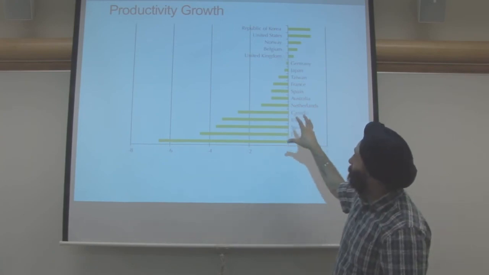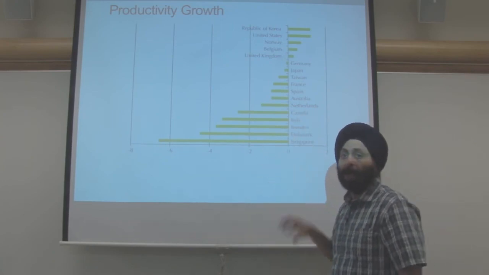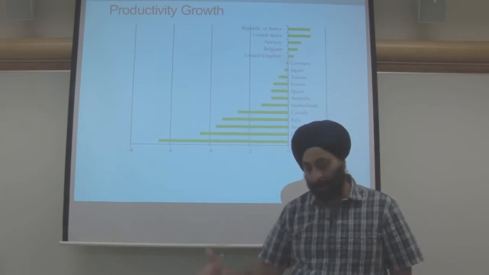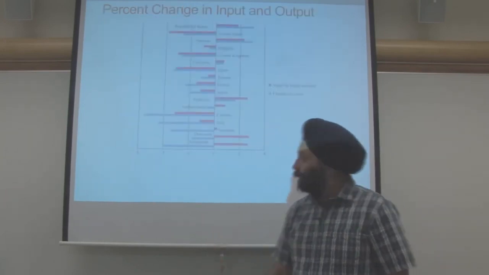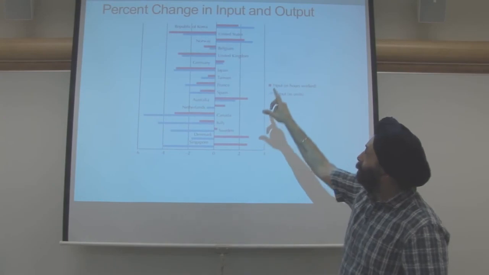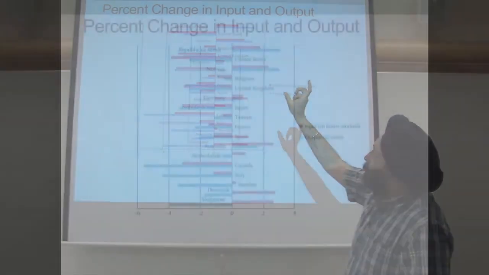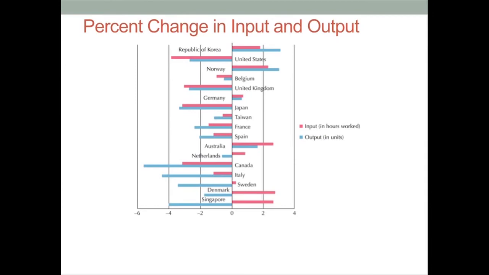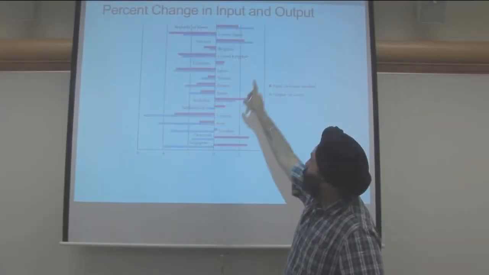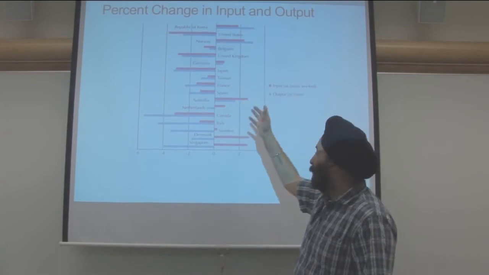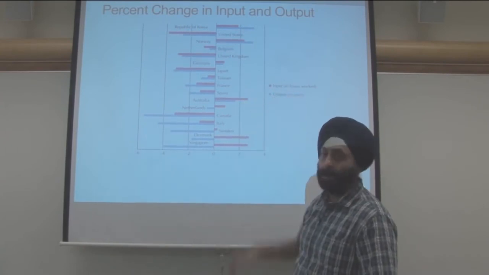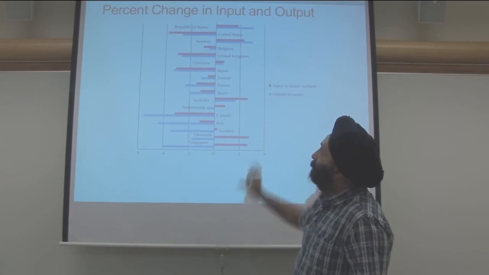But this number by itself doesn't tell the whole story, because one has to investigate further. If you look at the second part, you'll notice that Korea used a lot less input. Their inputs increased by almost 2%, but their outputs increased by a lot more, close to 3%. And that's where the productivity increase happens.